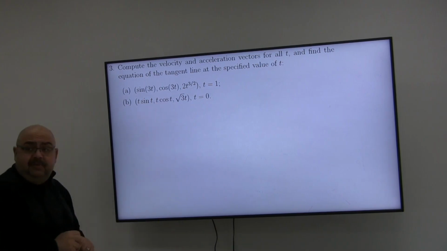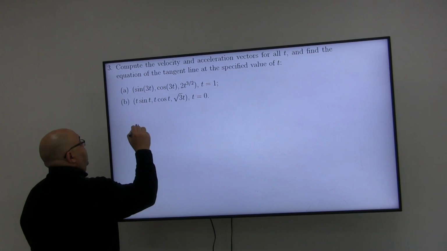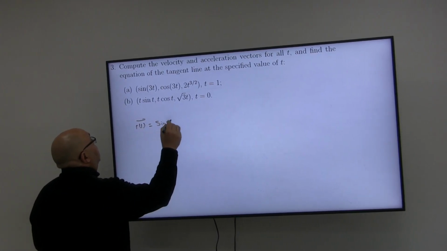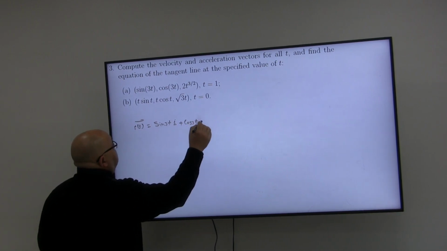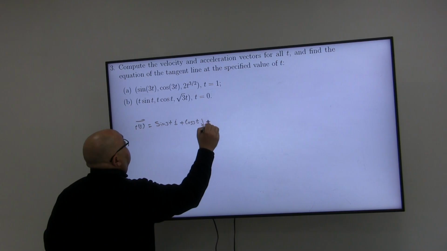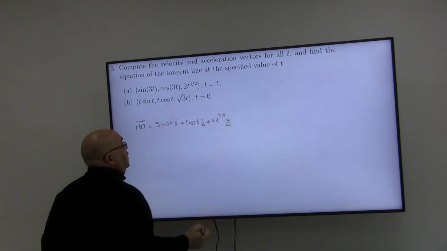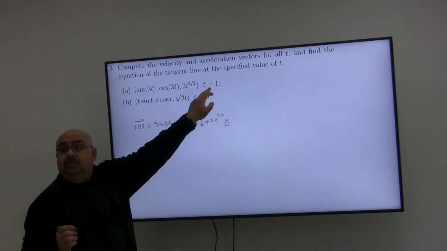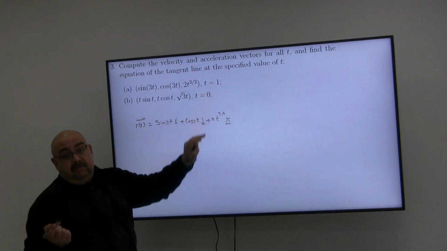Now I can get R of t. What's R of t, Farid? R of t as a vector is going to equal sine 3t in the direction of i, plus cosine 3t in the direction of j, plus 2t to the power of 3 over 2 in the direction of k. Very good. At t equal to 1, it will give you the point.